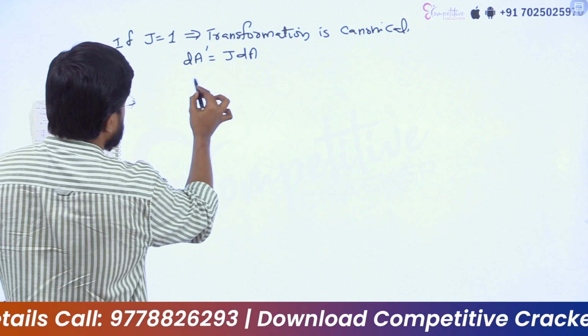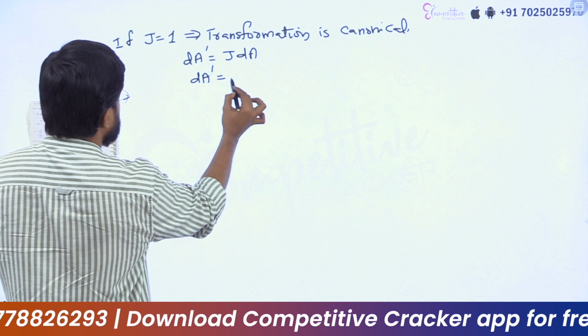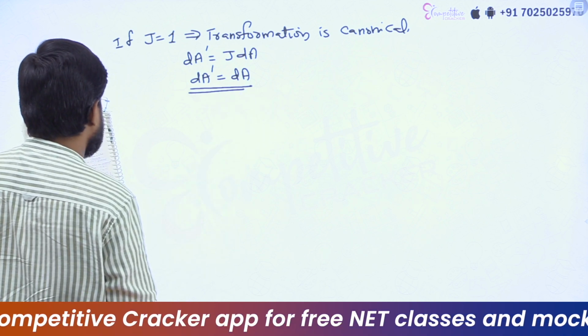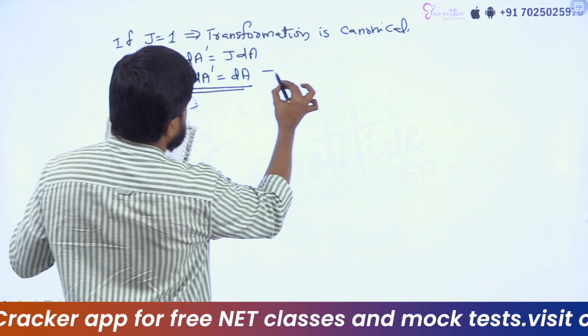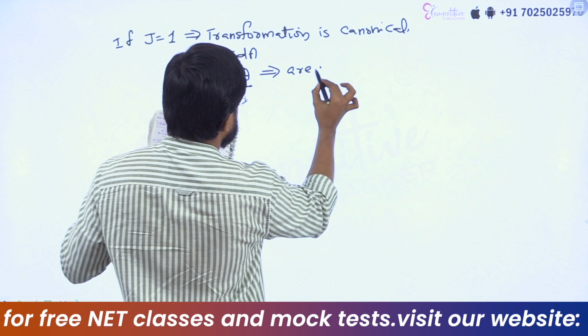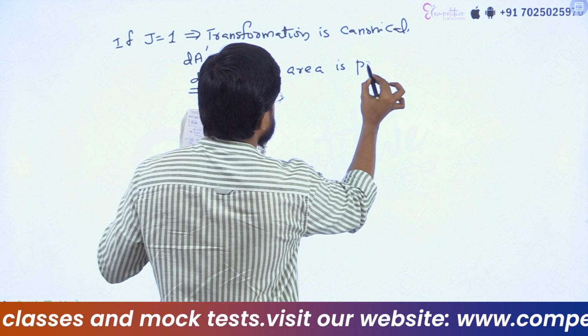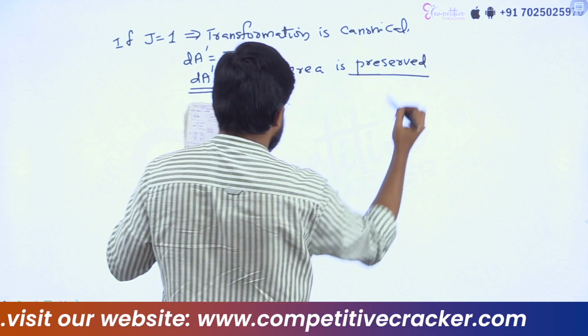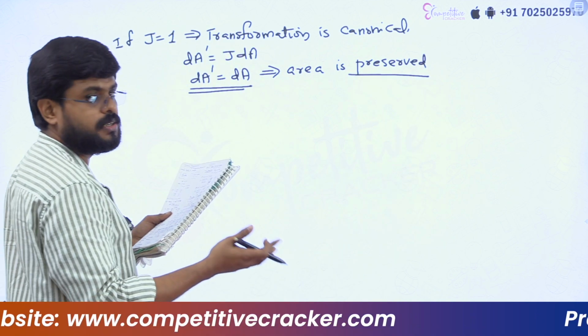So J equal to 1 means dA prime is equal to dA. That means area is preserved. In the transformation, area is preserved or area is constant.